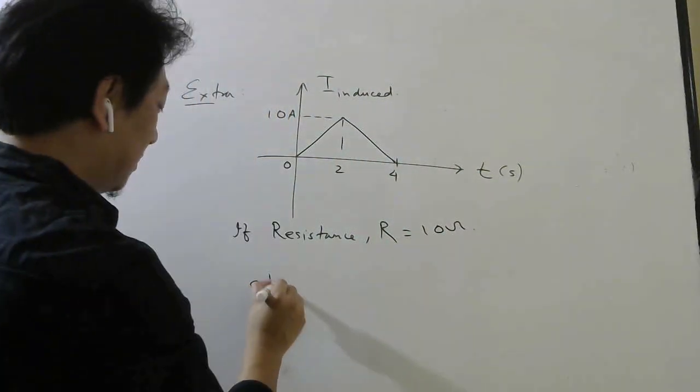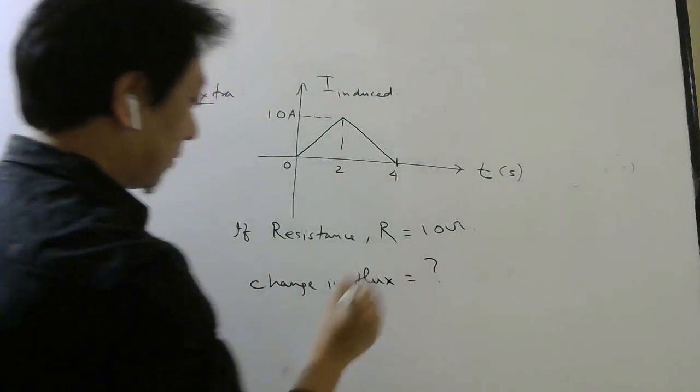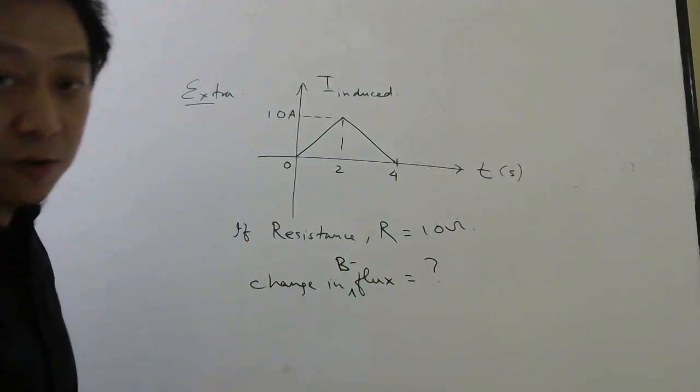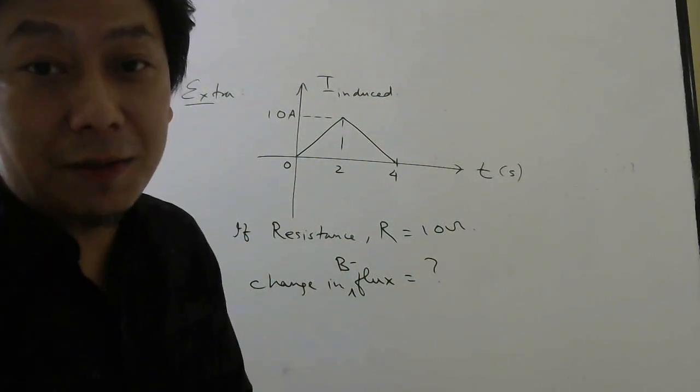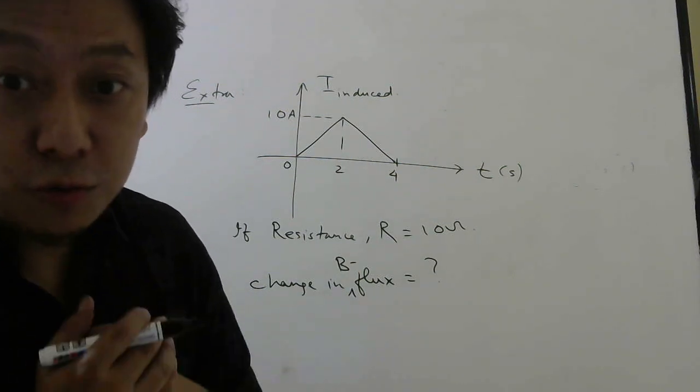Then find the change in magnetic flux. Now you can think, we don't know the initial magnetic field, initial area. So how to do this problem?